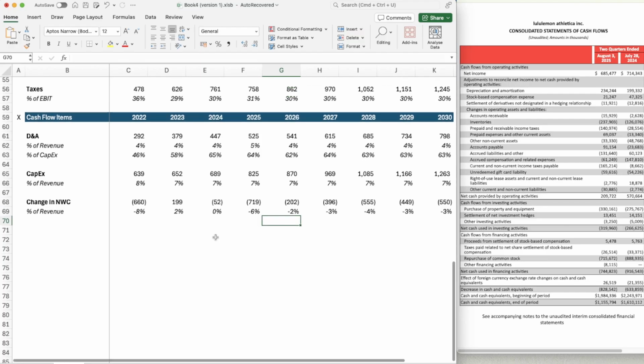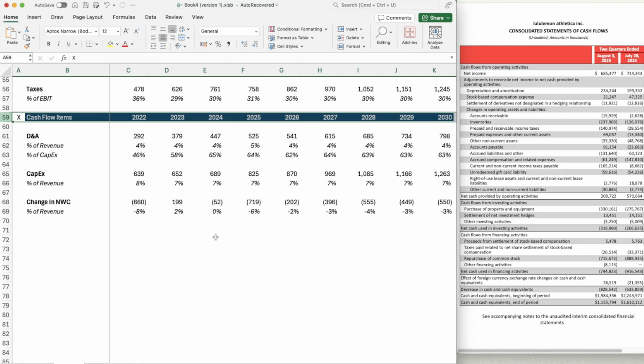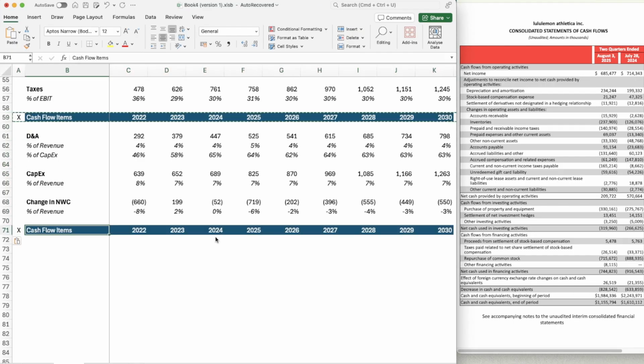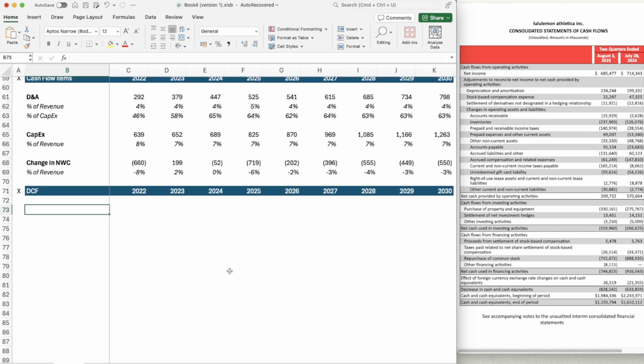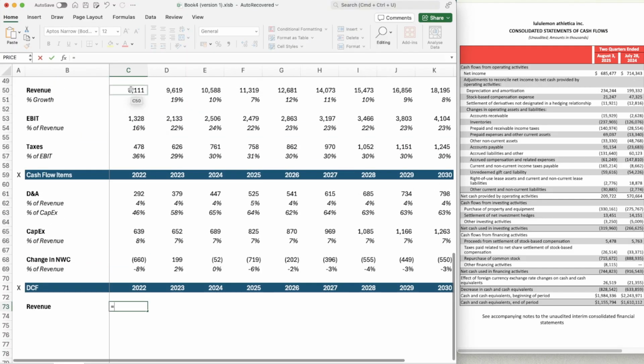So, okay, let's DCF. Now the rest, up until we get the unlevered free cash flow, a lot of this is now just copy paste. So revenue equals revenue.